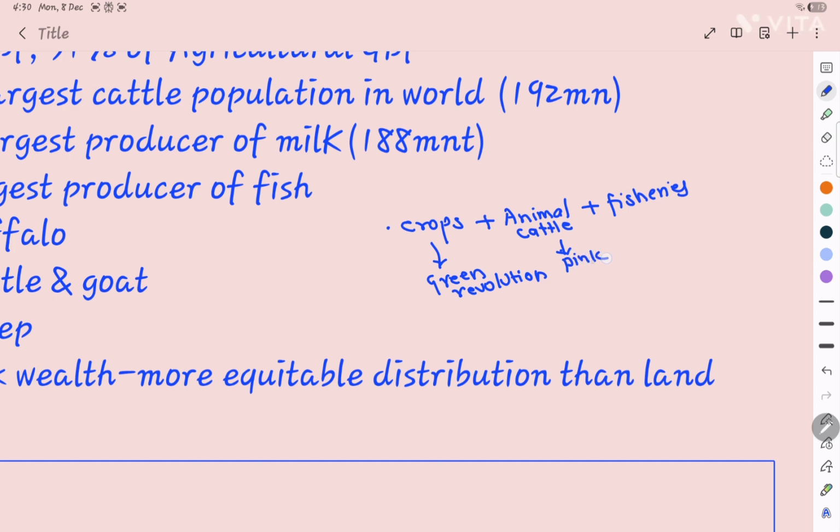The second is the National Mission on Bovine Productivity, for increasing milk production, trade of livestock, and e-market development.